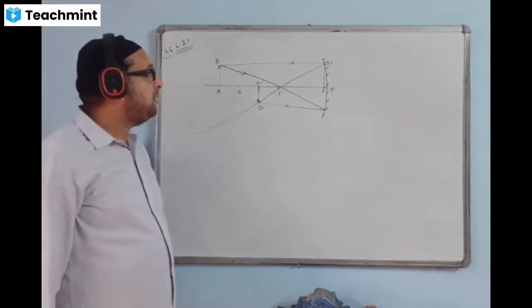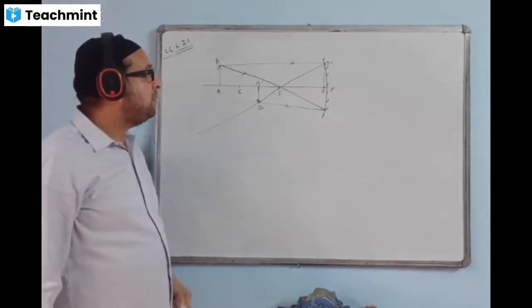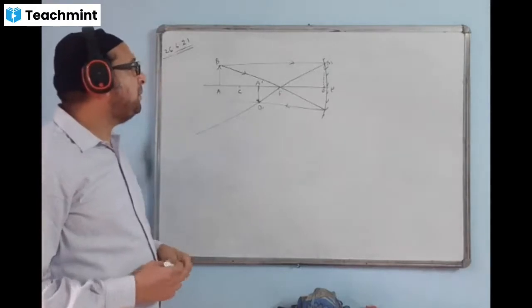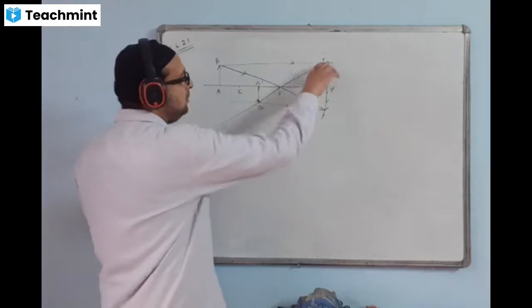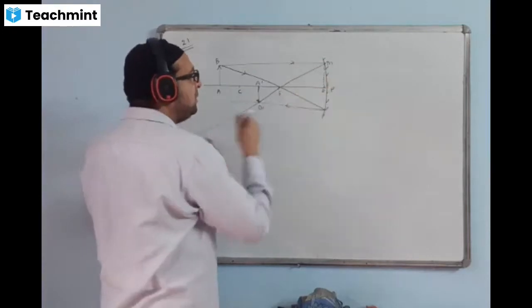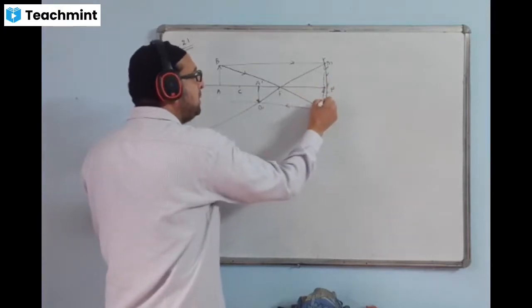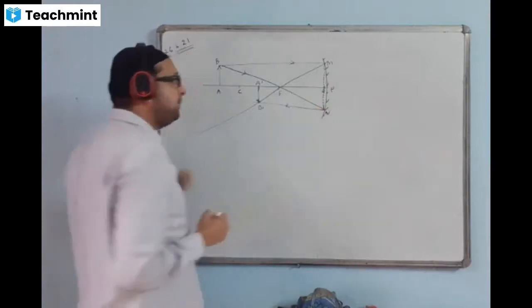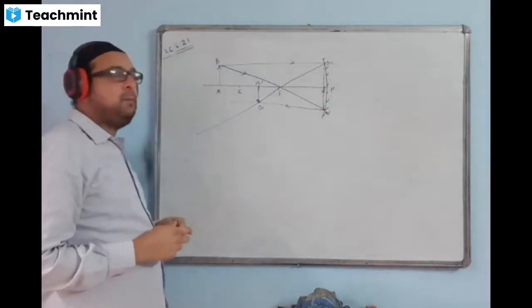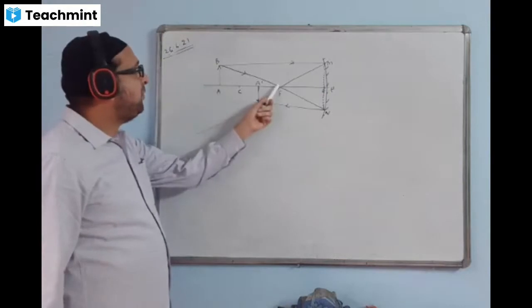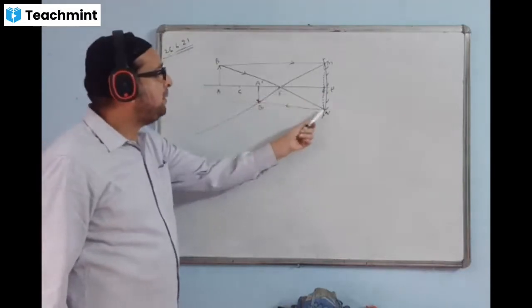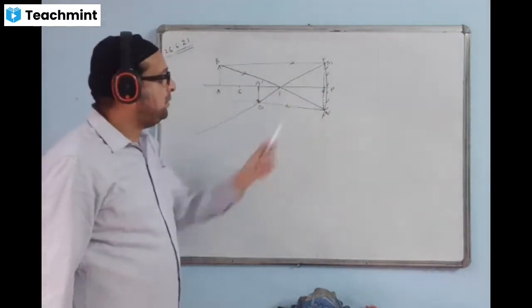Another similarity we can prove. This is OM. You can extend it out here, and this will become N. So another similar triangle you can take ABF and another one FON.